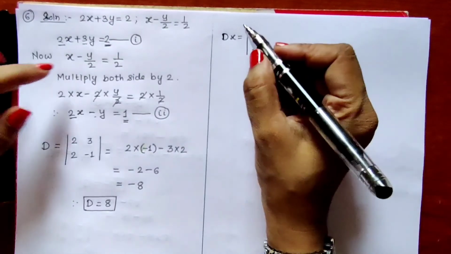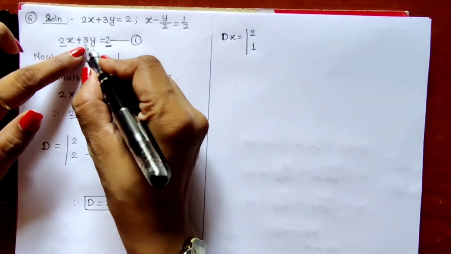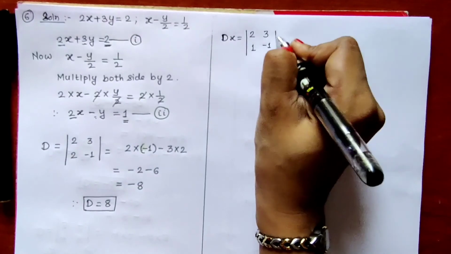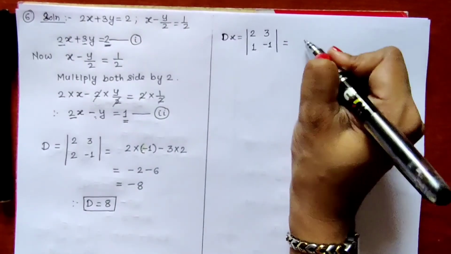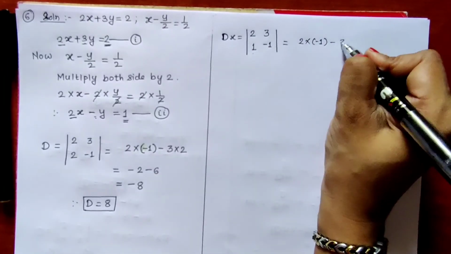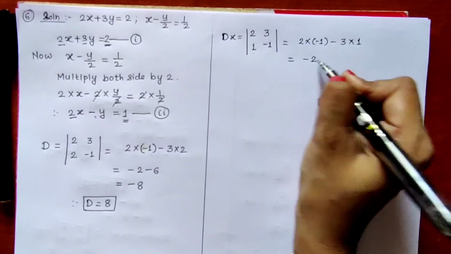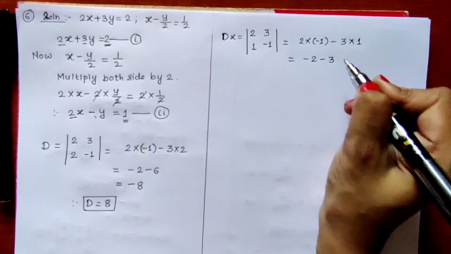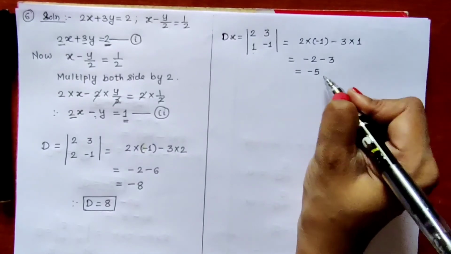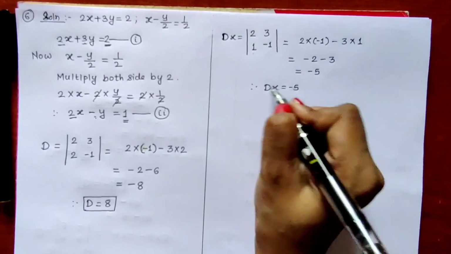And coefficient of y, we should not write coefficient of x now. Coefficient of y is 3 here and here minus 1. 3 and minus 1. Cross multiply. 2 multiply by minus 1 minus 3 multiply by 1. 2 into minus 1 is minus 2. 3 into 1 is 3. Minus 2 minus 3 is minus 5. So Dx is equal to minus 5.